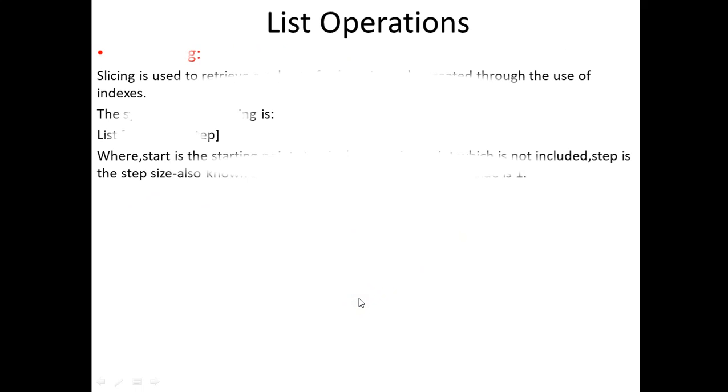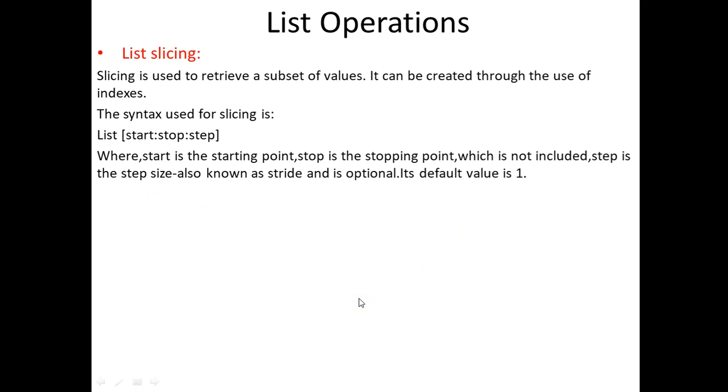Next operation is slicing, and it is very important. All the topics are important, but maximum questions on lists will be done with the help of list slicing. Slicing is a very important term. So what does slicing mean? First of all, you should know. Slicing is used to retrieve a subset of values.